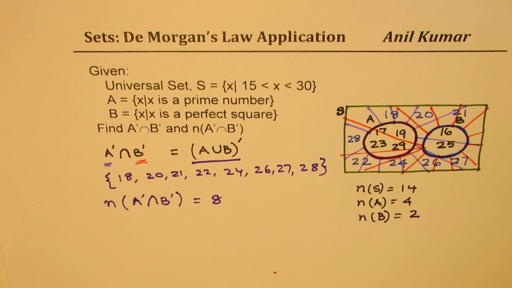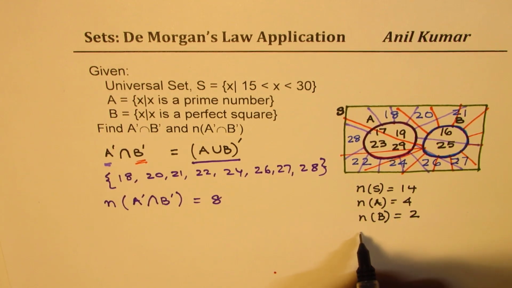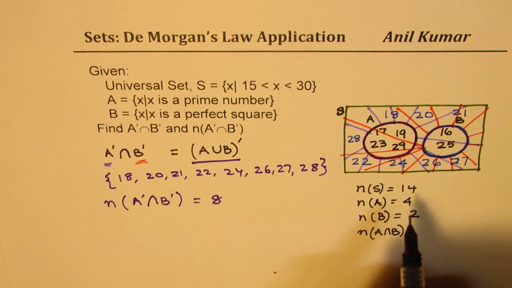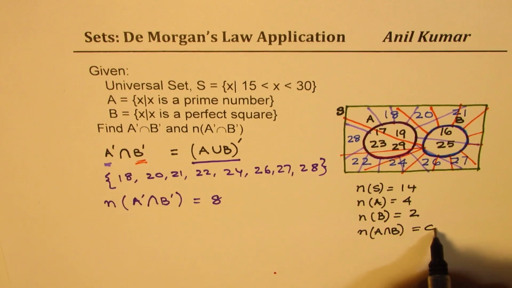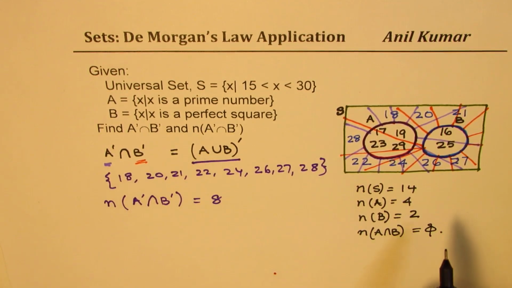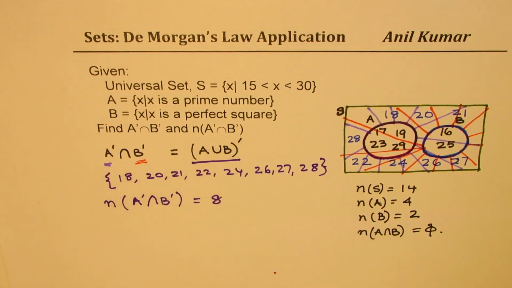So we are looking for everything, and we know intersection of A and B is null set, right? So we know that the number of elements in A intersection B, because they're disjoint, right? It is a null set. So we can find what is A union B, right? Which is, and its complement. You get the idea, right?